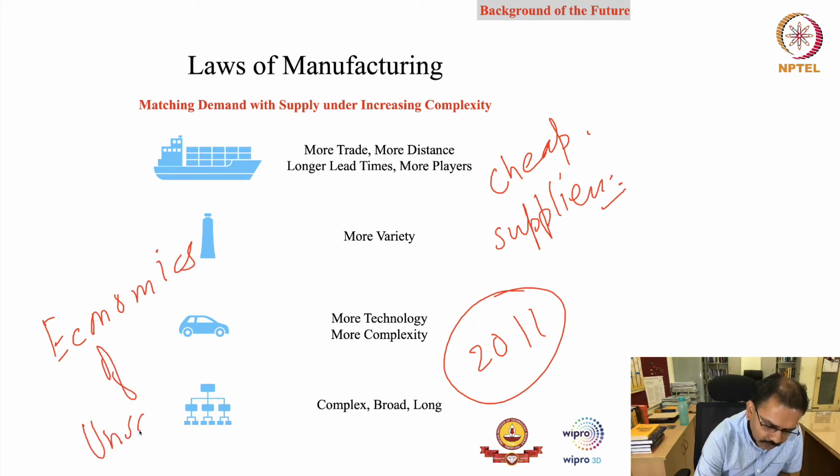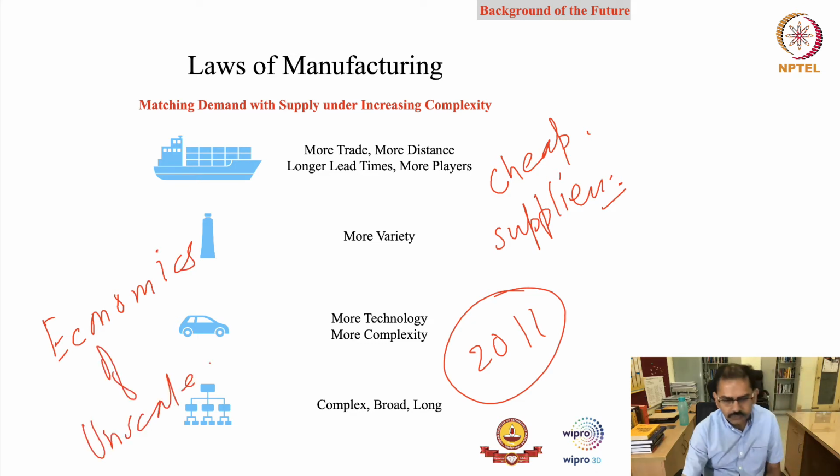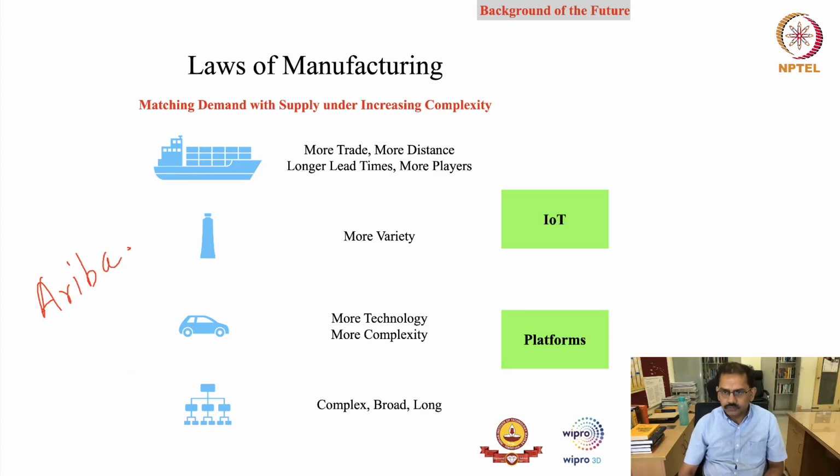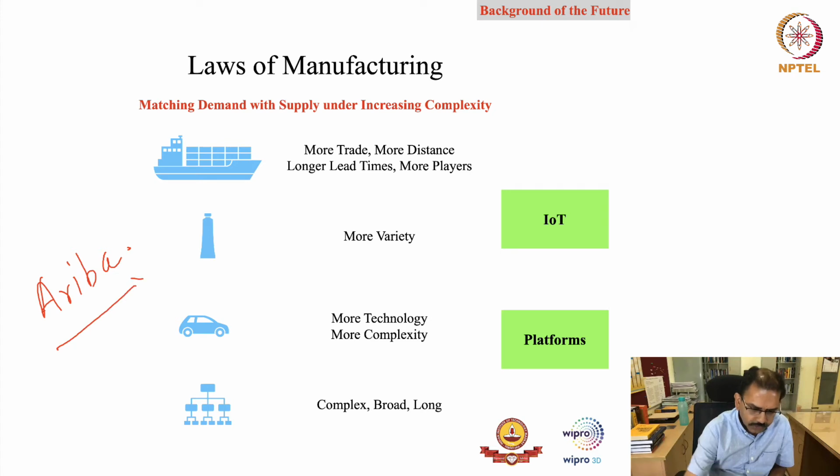So we have talked about the economies of scale. Now I think we are talking about economies of unscale, right? So your organization is unscaled to such an extent that everything, whatever you want, is available on demand, right? And the platform certainly will play that role, correct? So when I talk about Ariba, I'm looking at something similar.